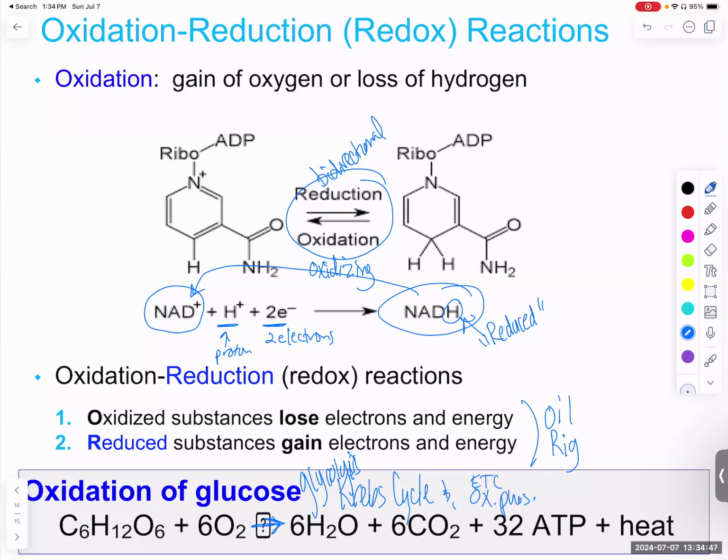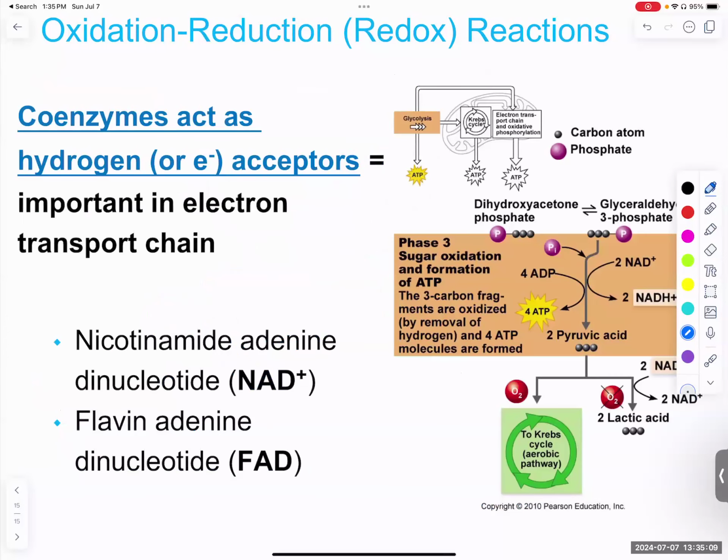These NADs and FADs, these nucleotides, are getting reduced, grabbing hydrogen and electrons, and then carrying them to the electron transport chain to become oxidized, giving up those electrons and protons. And it's really the electrons and protons that are transferring energy. So these oxidation reduction reactions are really important.